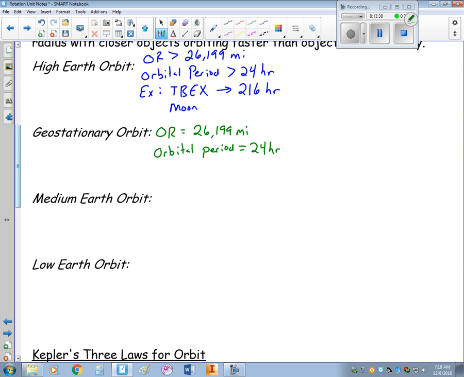Because this satellite takes 24 hours to go around the Earth, and the Earth makes one rotation in 24 hours, that means the satellite will stay at one position above the Earth's surface. And some examples for this will be communication satellites. It should also be noted that because the Earth is a sphere, these satellites tend to be over the equator.